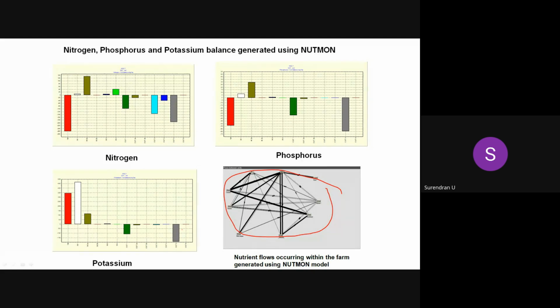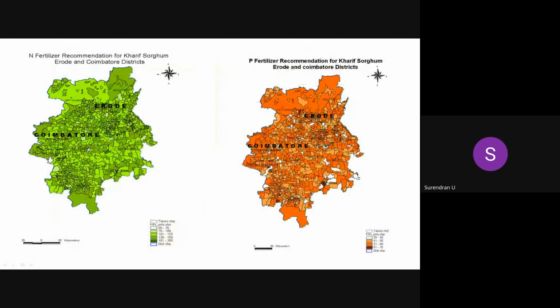The thickness of the line indicates the quantity of the nutrient flowing, whereas the thin line indicates very few nutrients are flowing. So a farmer or an agricultural officer can understand where the nutrients are moving from, whether it is going externally from the field to outside or coming inside. It will help you devise the policies or strategies.